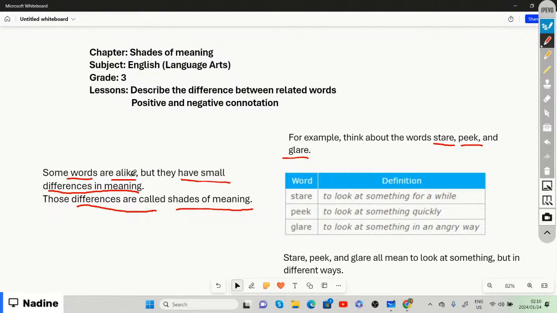So when it comes to shades of meaning, it just means that we have some words that are alike, but they have small differences in meaning. And these small differences in meaning, we call shades of meaning.